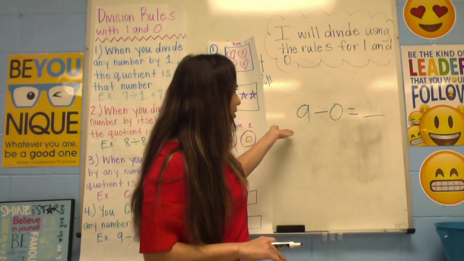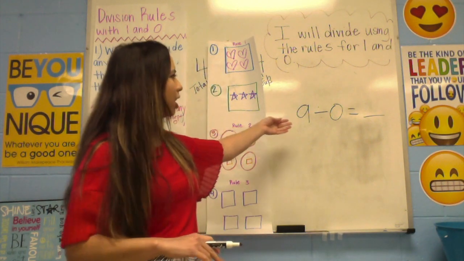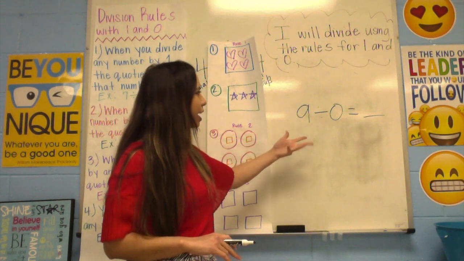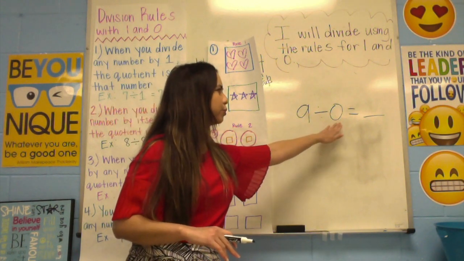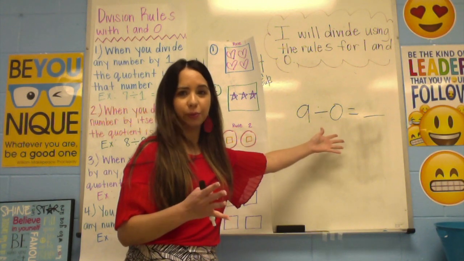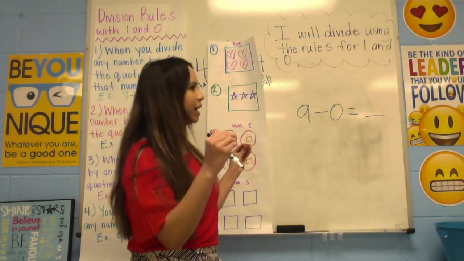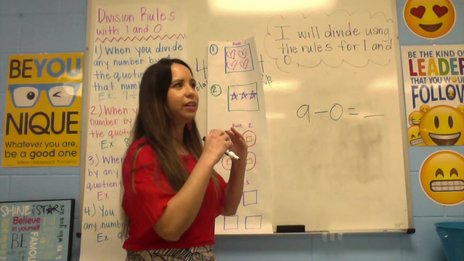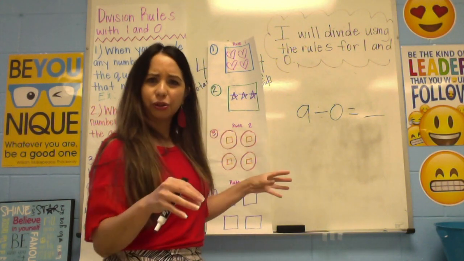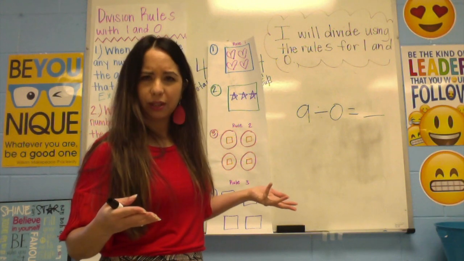Because this is like saying, well, there's 9 objects. 9, this represents our total number. There are 9 objects divided by no groups. If there are no groups at all, how can you separate, how can you partition, how can you divide the total amount into groups when there's no groups? Does that make sense?